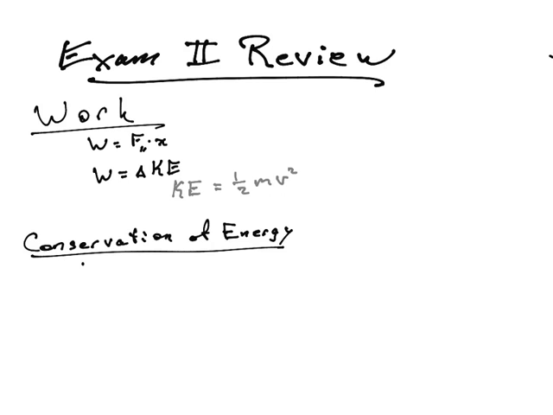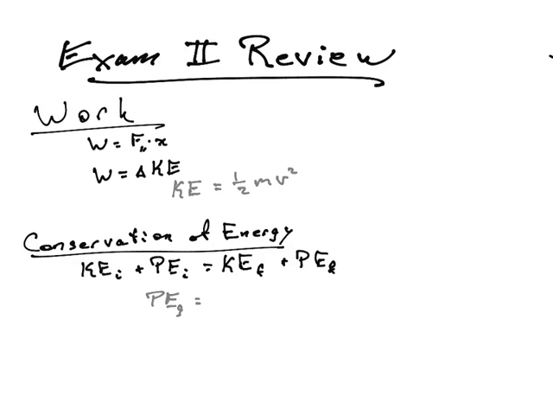And so the equation for that says kinetic energy initial plus potential energy initial is kinetic energy final plus potential energy final. And so we saw a bunch of examples here, given that there's two different types of potential energy.